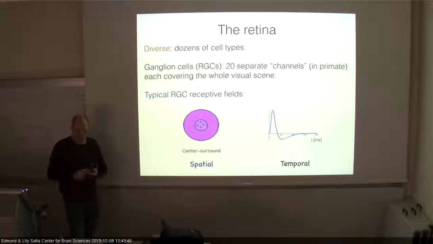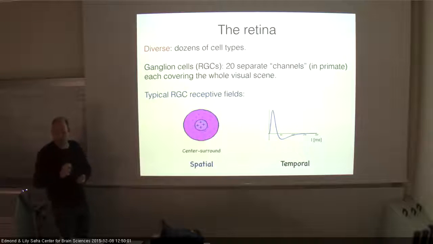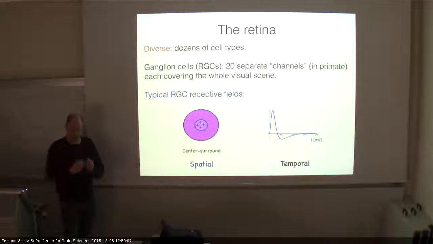For example, the place where the genetic tools have been most extensively used is the mouse. In the mouse retina, once people started to find markers that allow them to tag particular cells and address them, they realized that these cells have special properties. So, for example, there are direction selective cells, which are selective to something that is moving in a particular direction. So it's more complicated.